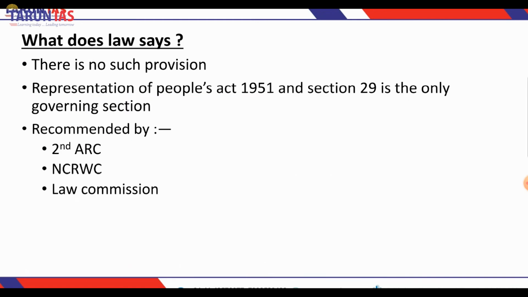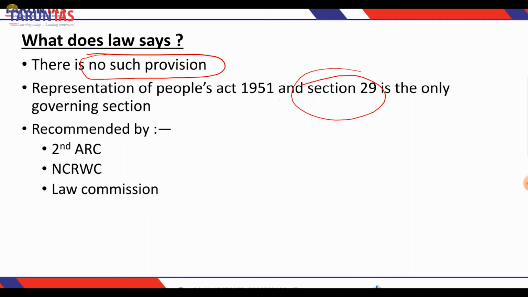Now let's talk about what the law says about inner party democracy. Well, there is no such provision for inner party democracy. There is no law with respect to the conduct of elections or periodic elections in the political parties to choose the political leader or the party president. However, there are two important points which need to be kept in mind. The first one is Section 29 of the Representation of the People Act of 1951.